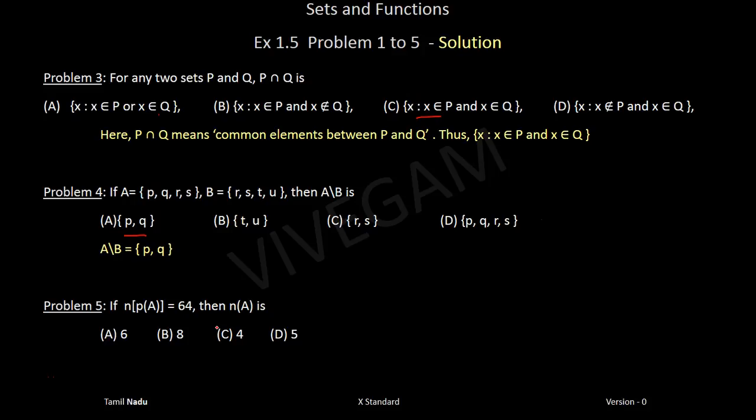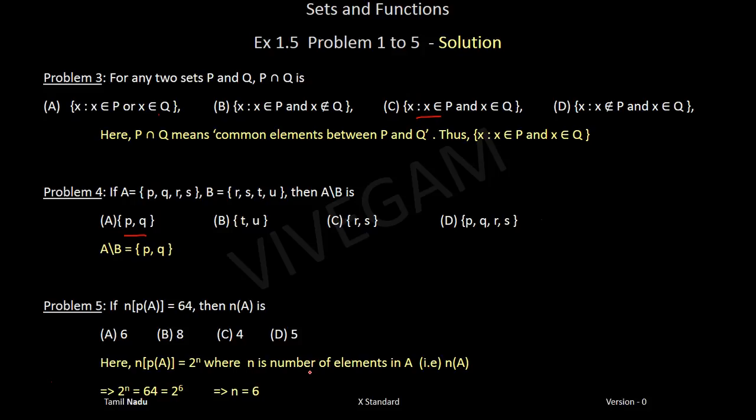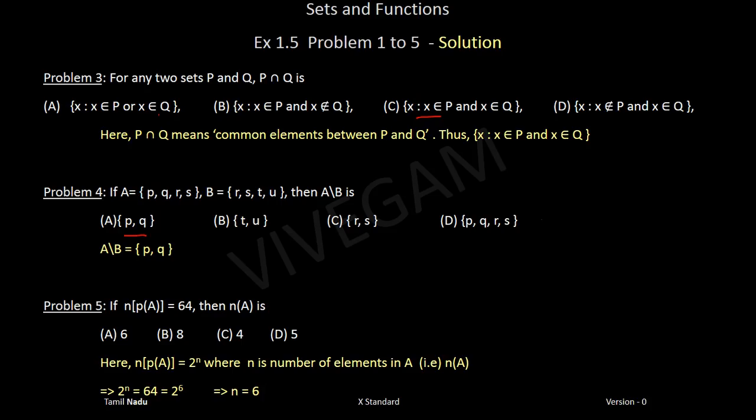So that's our formula. We know n of the power set is 2 to the power of n, where n is the number of elements in A, that is n of A, right? Now what is it? 2 to the power of n will be equal to 64. That's what they have given here, right?